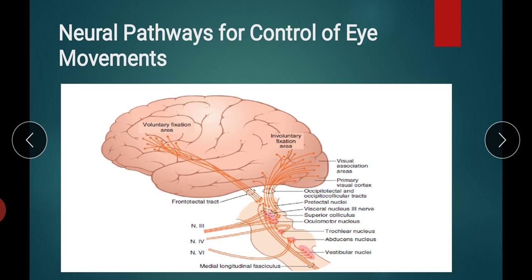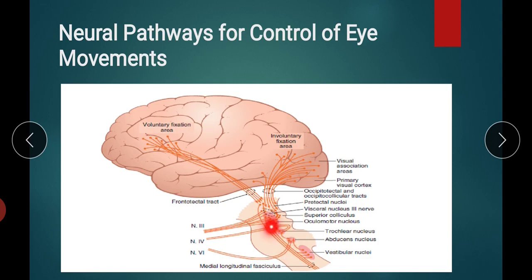The vestibular nuclei are mainly the nuclei of the eighth cranial nerve, which receive fibers from the cerebellum, and they are the motor nuclei for the eighth cranial nerve. Also you can observe in this figure that all these four nuclei are interconnected. The vestibular nuclei are connected with the third, fourth and sixth cranial nerve nuclei.